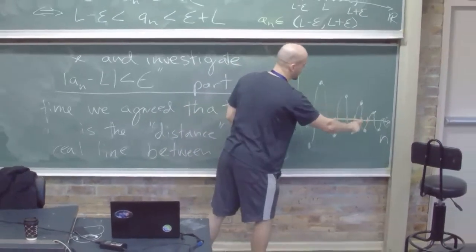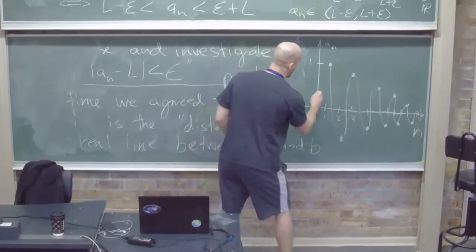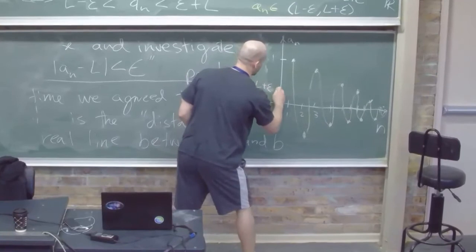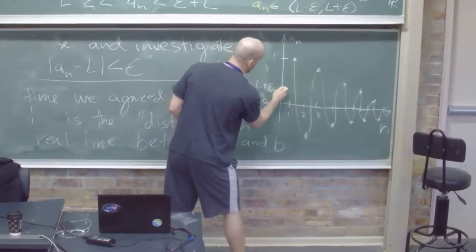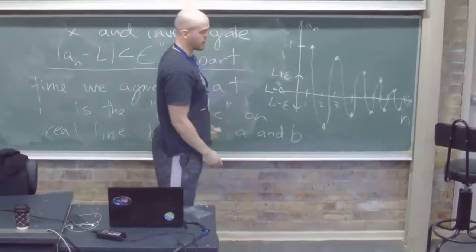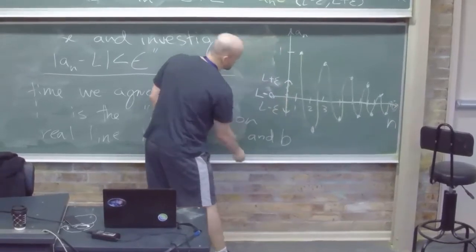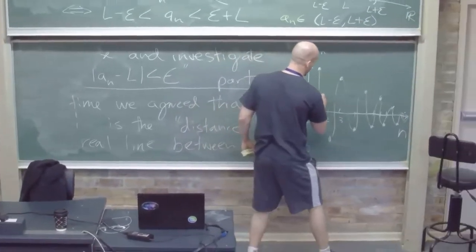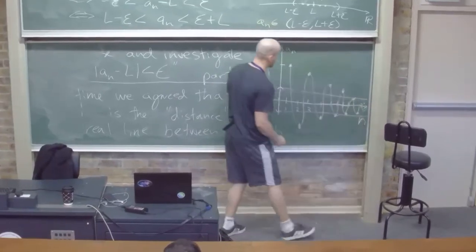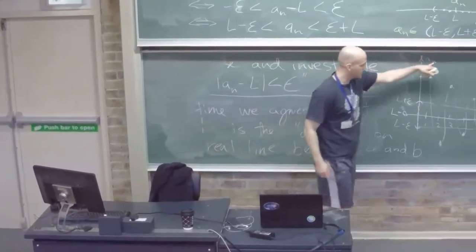We believe that this is converging to 0, so here our L is equal to 0. We would draw L plus epsilon on the y-axis, and L minus epsilon also on the y-axis like that. And we'd be saying that for large n, this sequence has to be between these bounds. Because remember, on the y-axis in this picture, we're plotting the sequence, a_n.